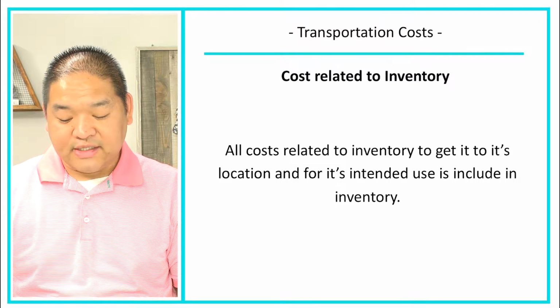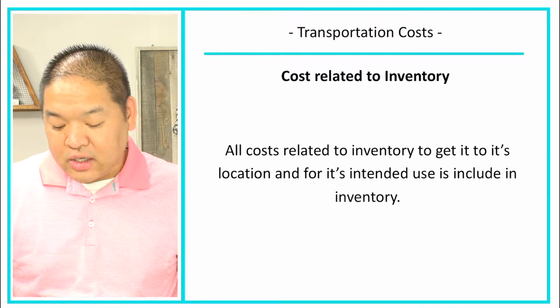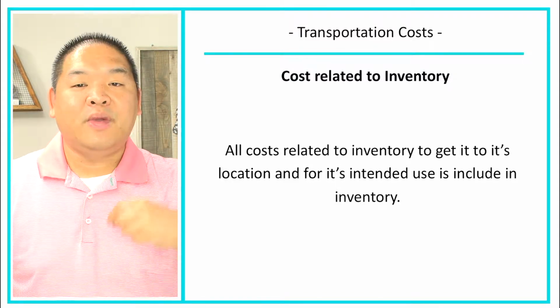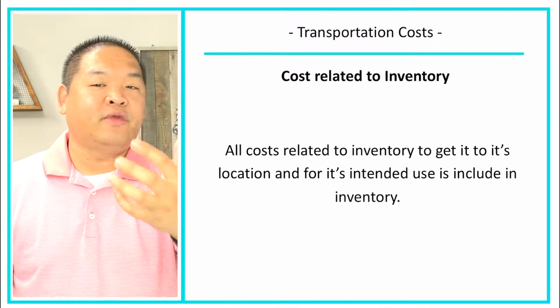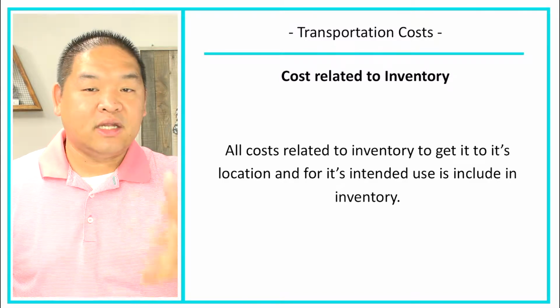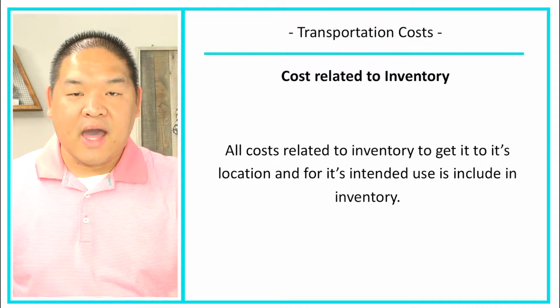Now, all costs related to inventory to get it to its location for its intended use are included in inventory. So we are talking about transportation in this lesson, but it would be any other costs associated with getting it to you. So if you have to pay customs fees, maybe you need to have it tested, maybe you need to have someone review it, those costs would be added to inventory.